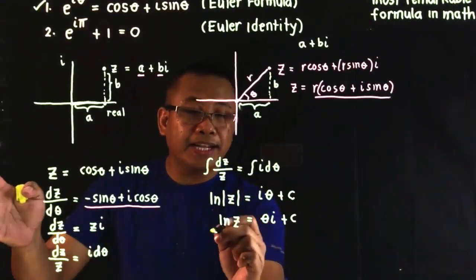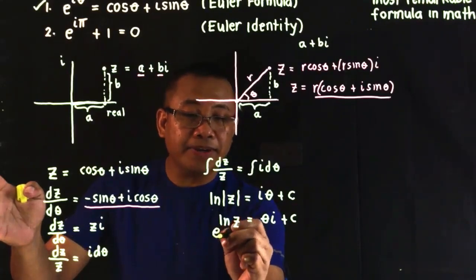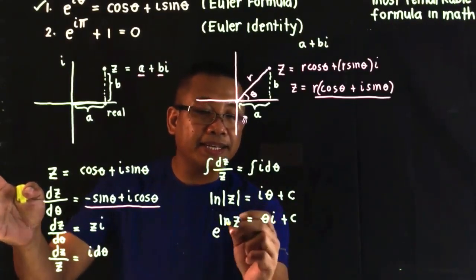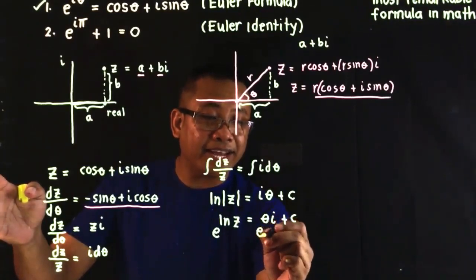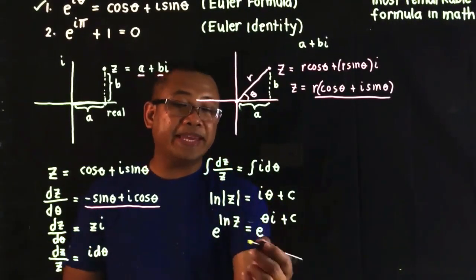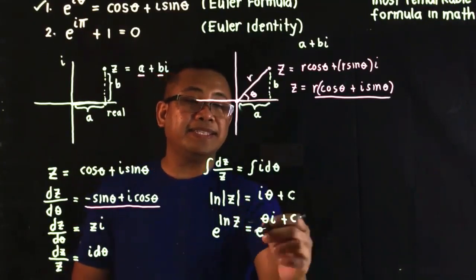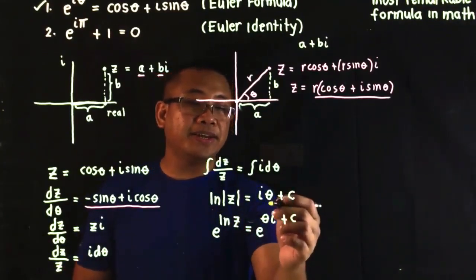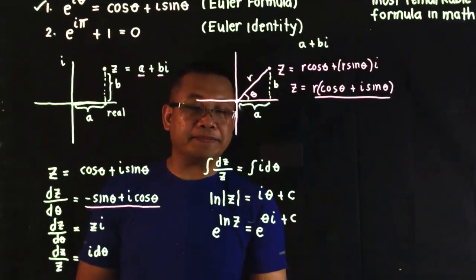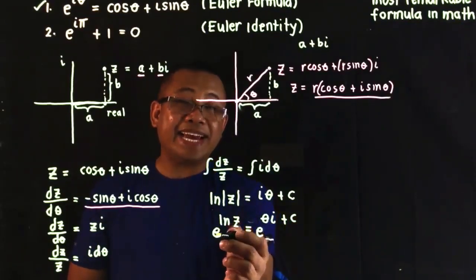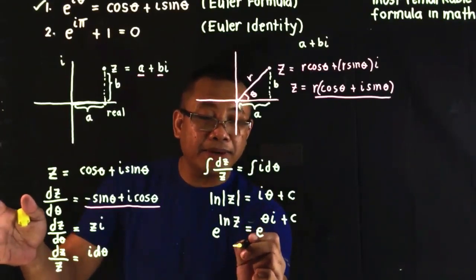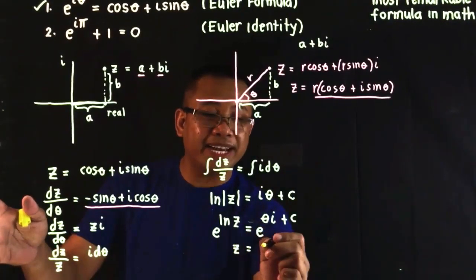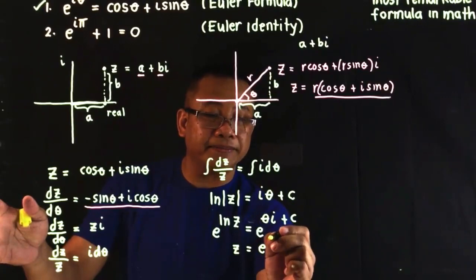That means we use the natural number e as the base, ln z as the exponent, the same thing at the right side. So we now have e raised to ln z is equal to e raised to theta times i plus c. Now, since e and ln are inverse functions, the left side is equal to z and the right side is just copied.